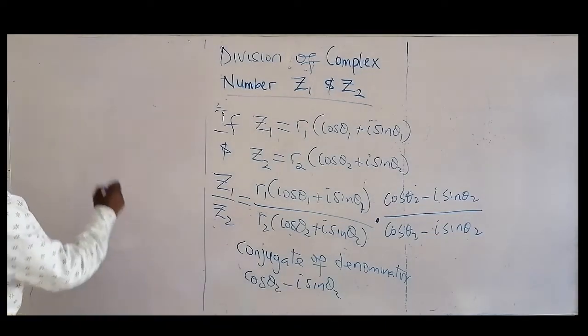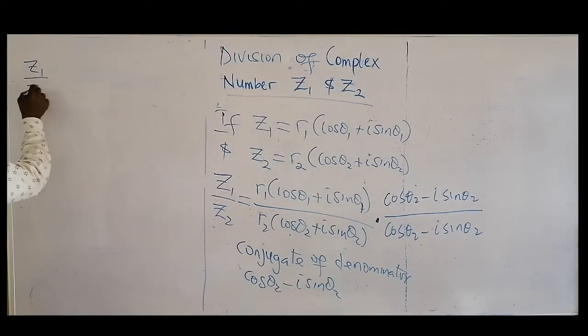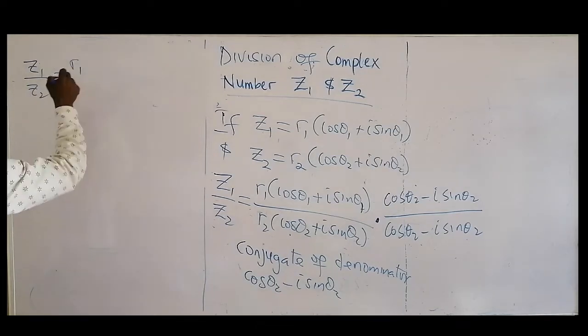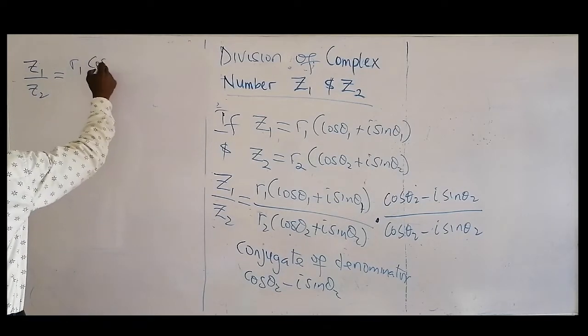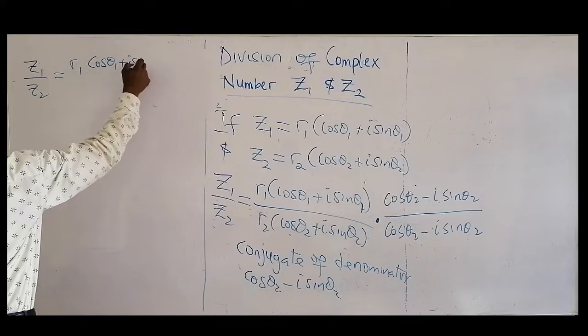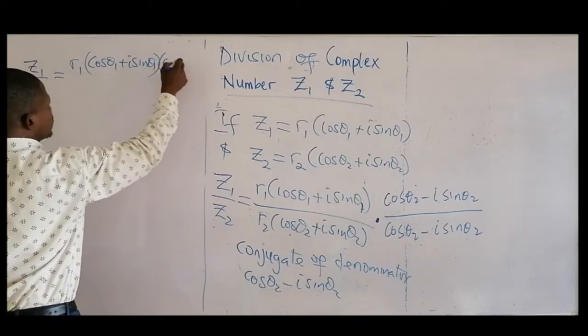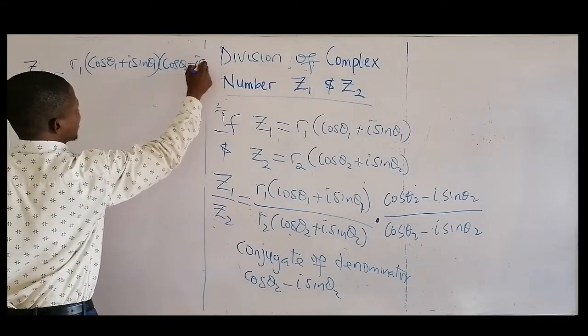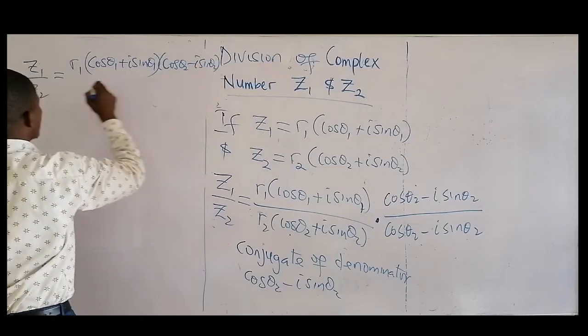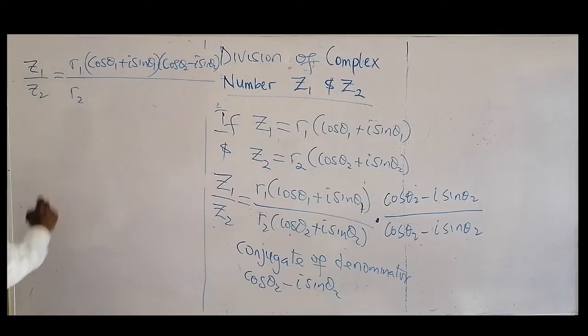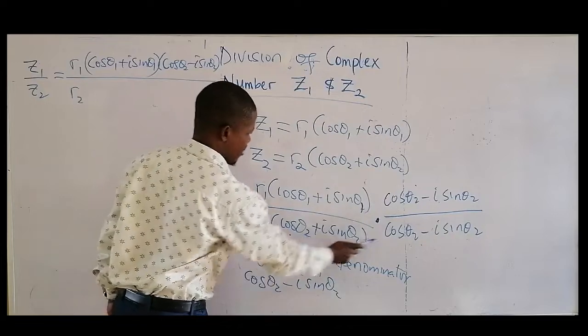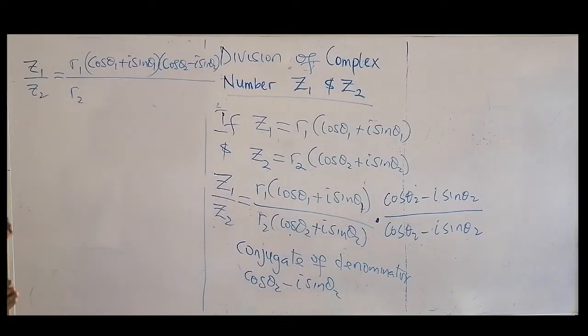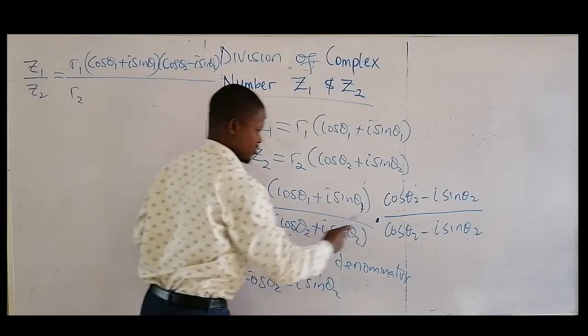So we now have z1 over z2 equal to r1 (cos theta 1 plus i sine theta 1) (cos theta 2 minus i sine theta 2) all over r2. If you check the denominator, it's the same expression, but one is plus and the other is minus.